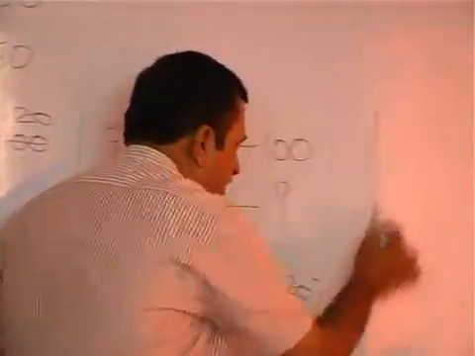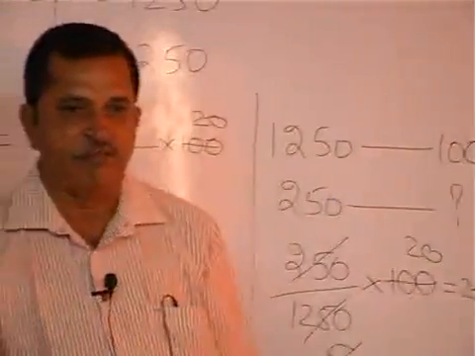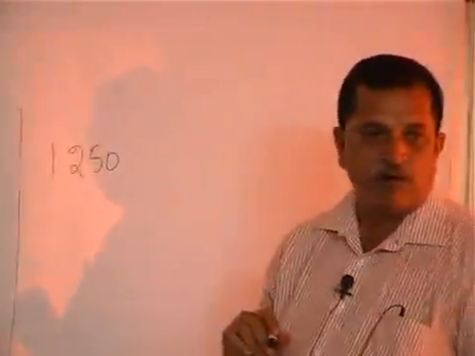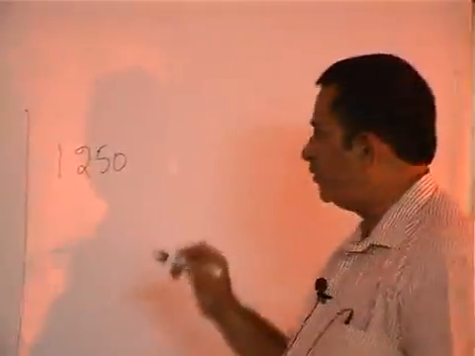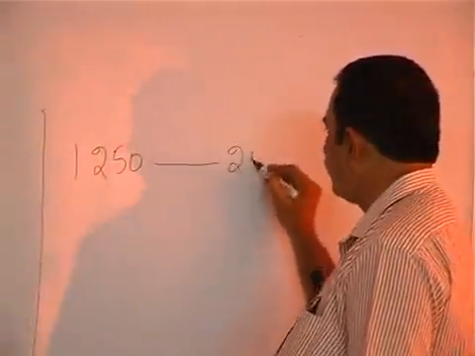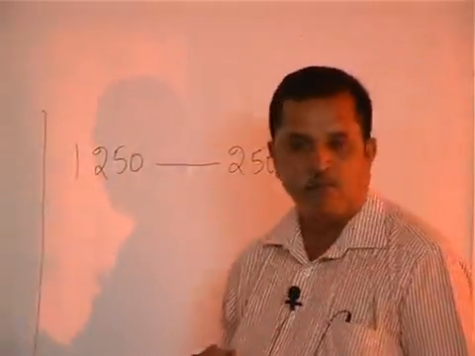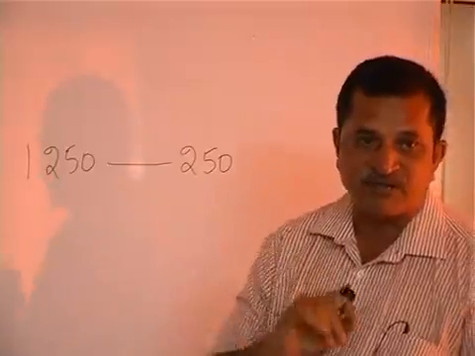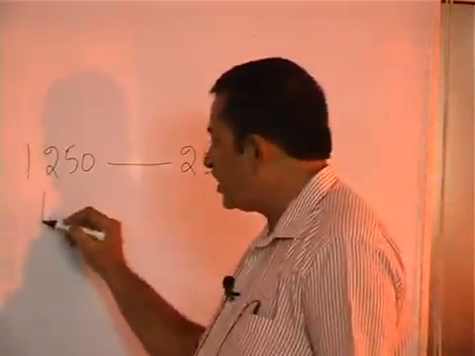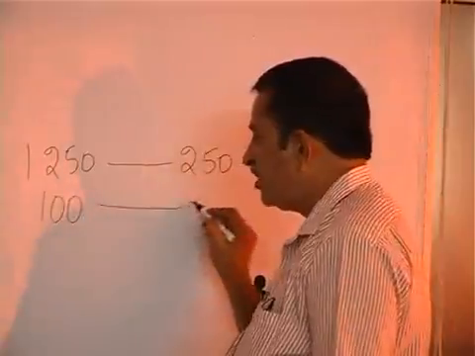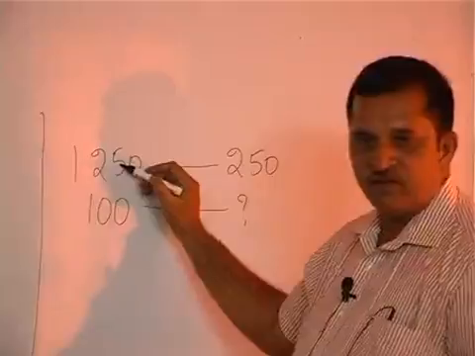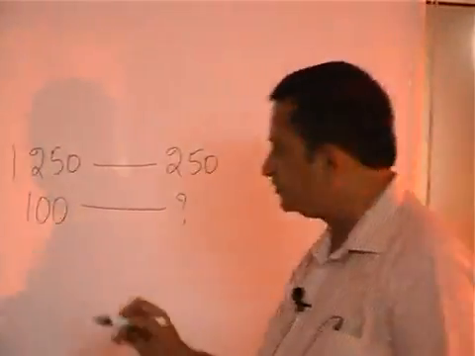Otherwise, in general we write, for an investment of 1250 rupees, there is a profit of 250 rupees. I asked what is the profit percent. For an investment of 100 rupees, what would be the profit? 100 means per 100. Compared with 1250, the value of 100 will be less.